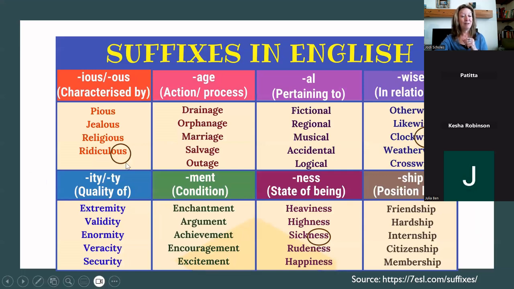I did add this slide. I love this one. So this is in English. This is not necessarily medical terminology, but it's a demonstration of words that have suffixes. It gives you the definition of the suffix, but you don't have to memorize the definition.